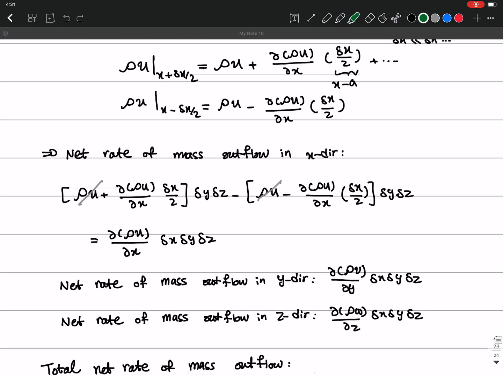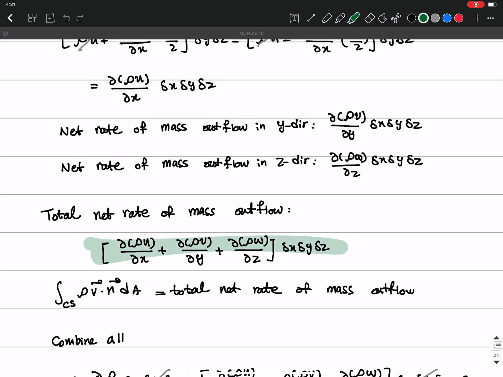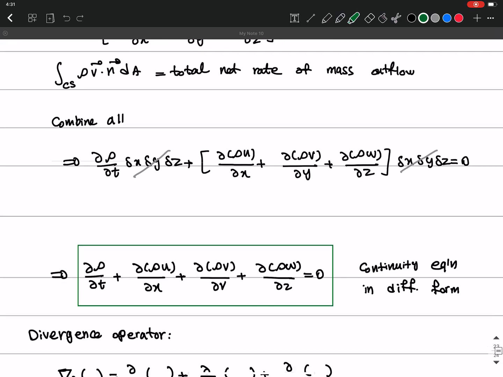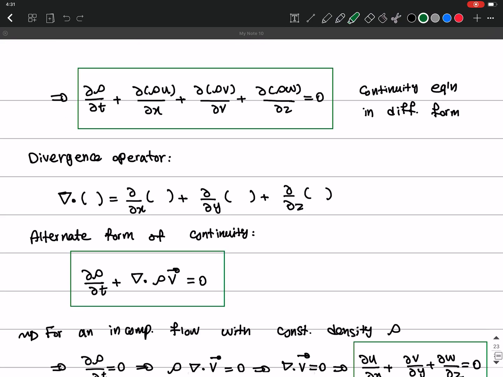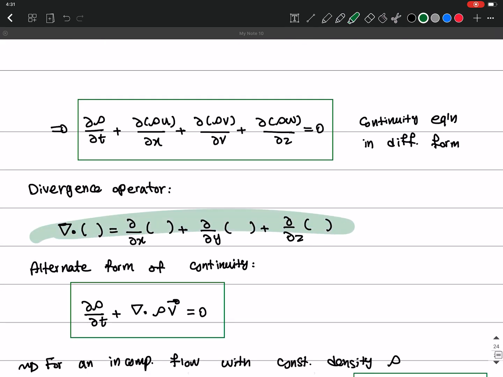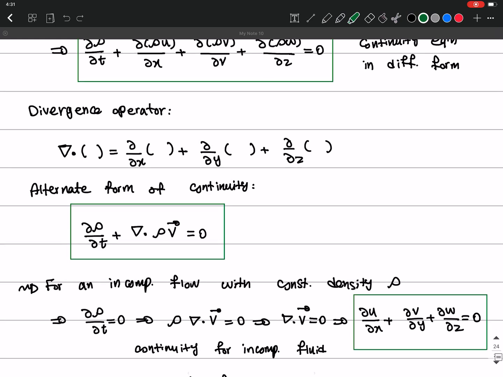What we get is the net rate of mass outflow in the x direction, which we found as this. Similarly for the y direction and z direction. Then the total net rate of mass outflow is as follows. If we combine all of them together, we get the continuity equation in differential form, which is shown here. Then we defined the divergence operator to write an alternate form of the continuity equation.